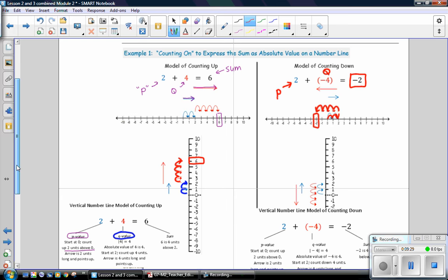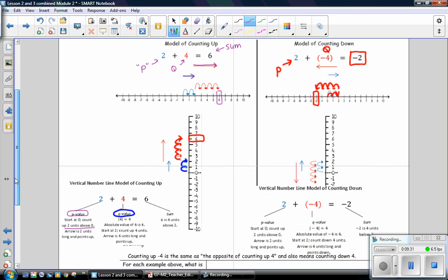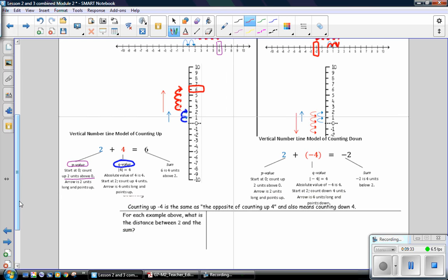Going over that same problem using our vertical number line would look like this. Our p value is 2, so we're going to move 2. Our arrow will be 2 units long, moving in the positive direction, which is going up. Then our q value is -4. We're going to move 4 spaces, but we're going to move down because it's negative.